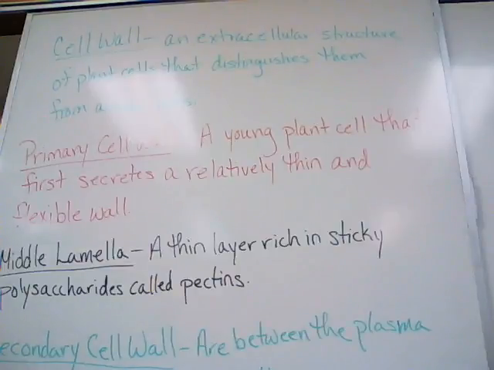Recall that glycoproteins are proteins with covalently bonded carbohydrates, usually short chains of sugars. The most abundant glycoprotein in the ECM of most animal cells is collagen, which forms strong fibers outside the cells. In fact, collagen accounts for about 40% of the total protein in the human body.